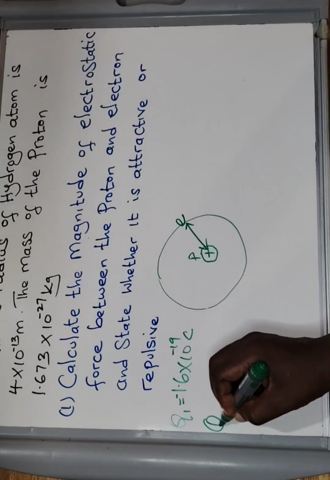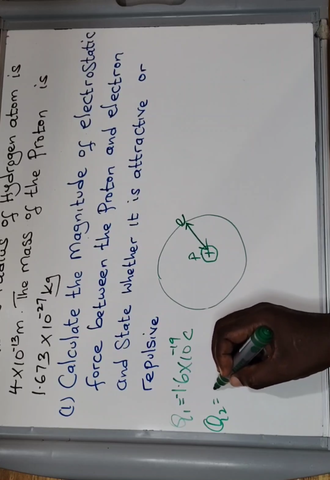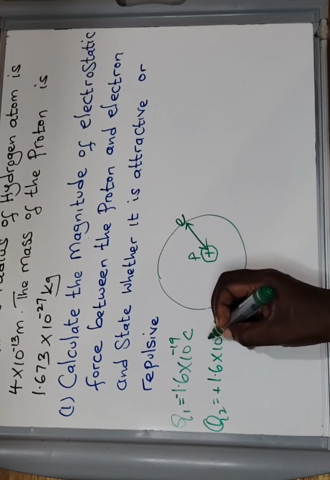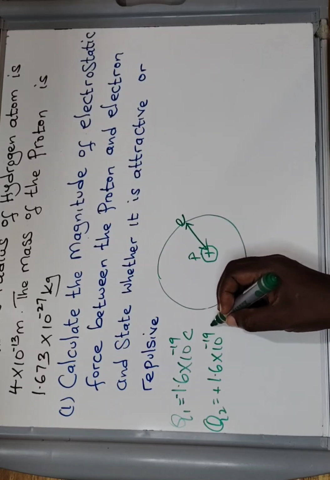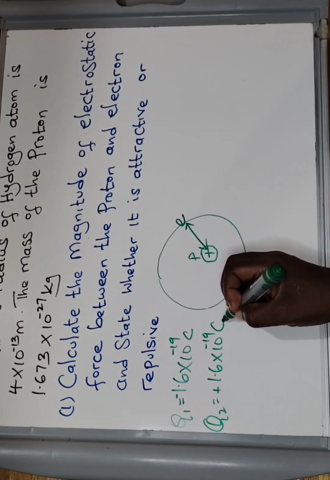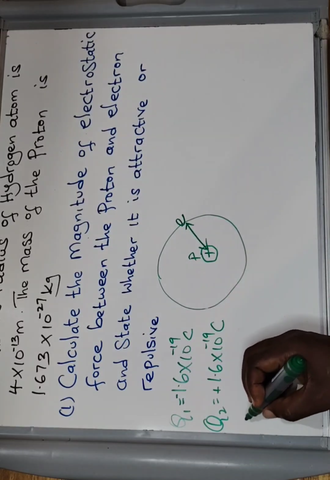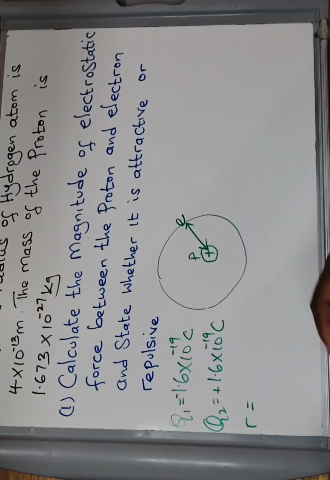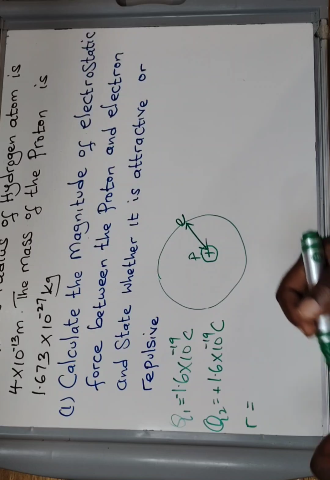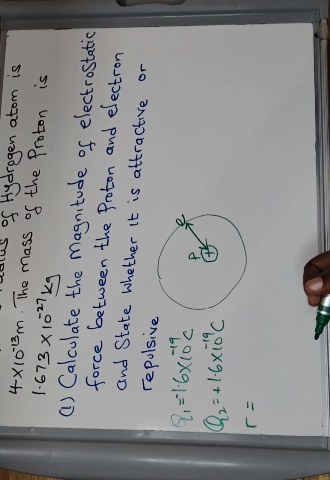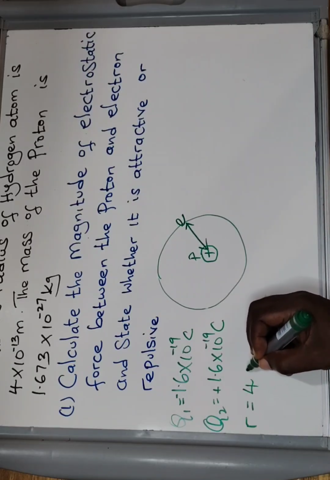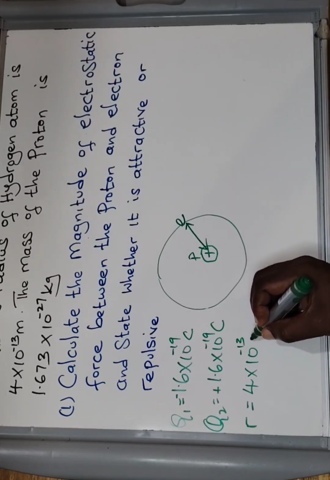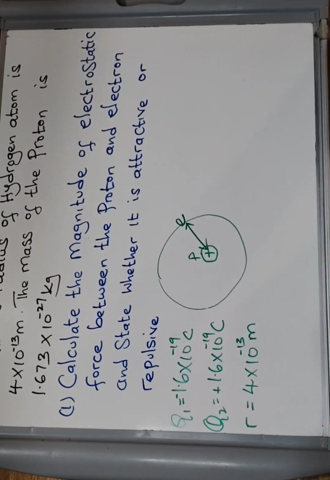The charge on the proton is also 1.6 times 10 power minus 19 Coulomb, positive. Then you have the radius, which is the distance between the proton and the electron, and it's given. It is 4 times 10 power minus 13 meters.